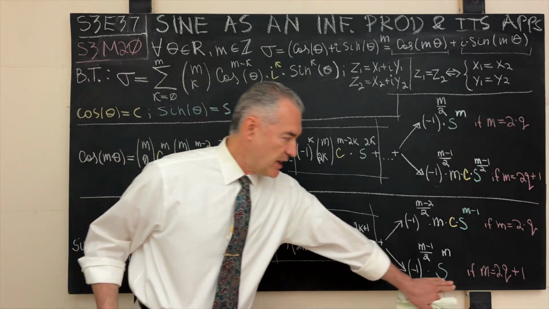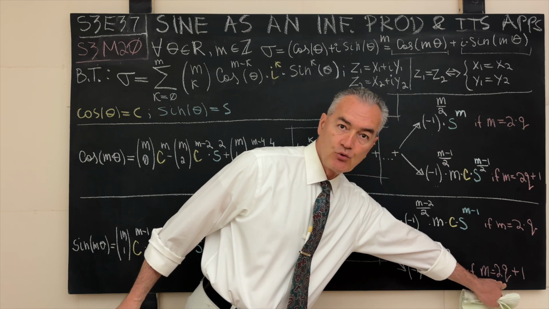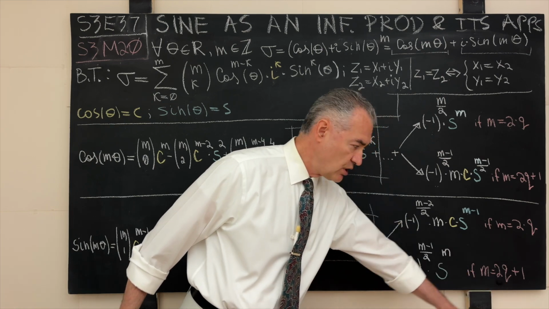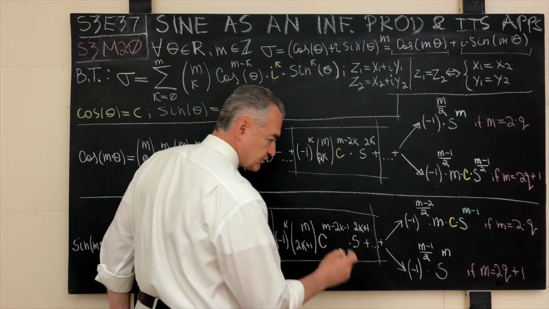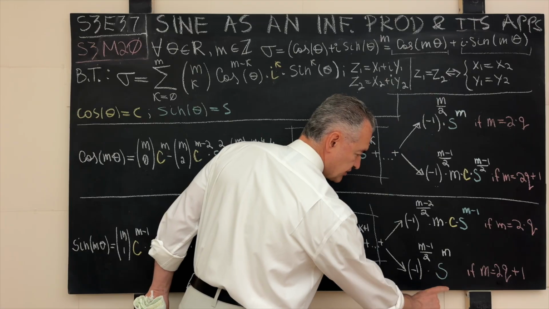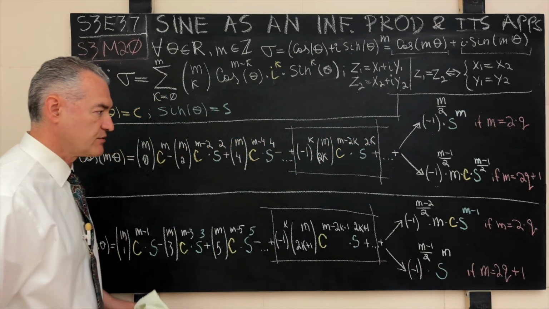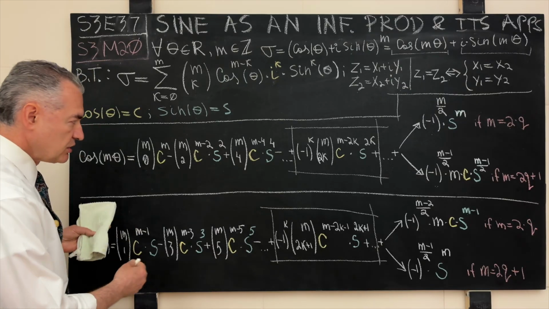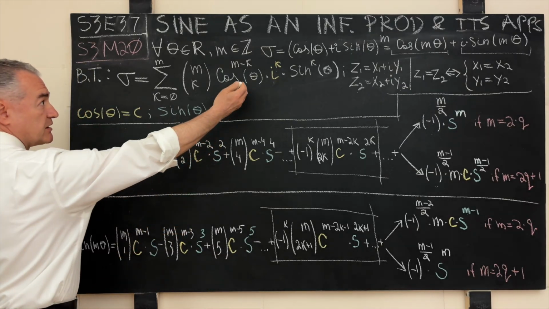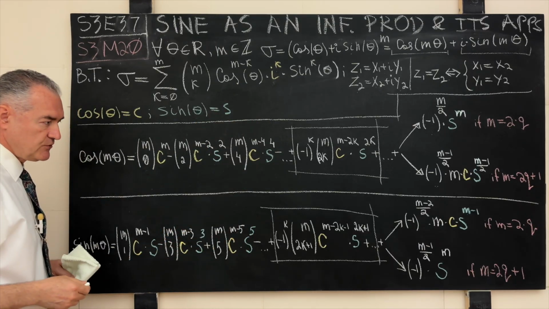And when m is odd or representable as 2q plus 1 for a suitable integer q, we will have the following structure of the last term. Minus 1 raised to the power m minus 1 over 2 times the trigonometric function of sine raised to the power of m. And the reason I'm going so thoroughly about these decompositions and the mechanics of how we produce the material that we will work on in the future is for 2 reasons.